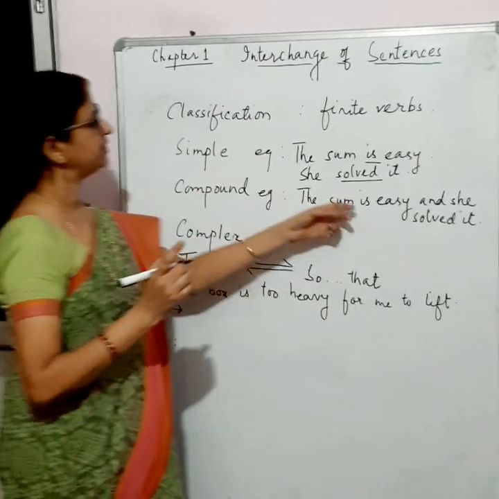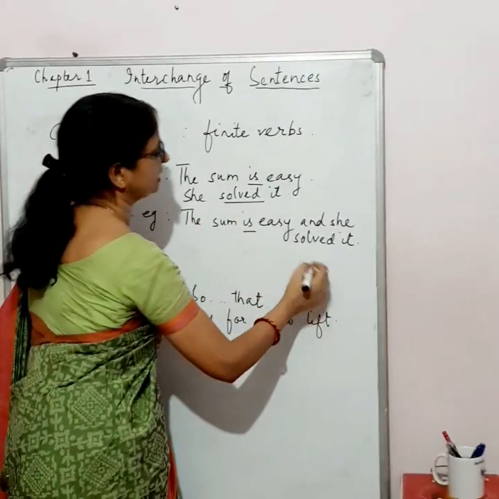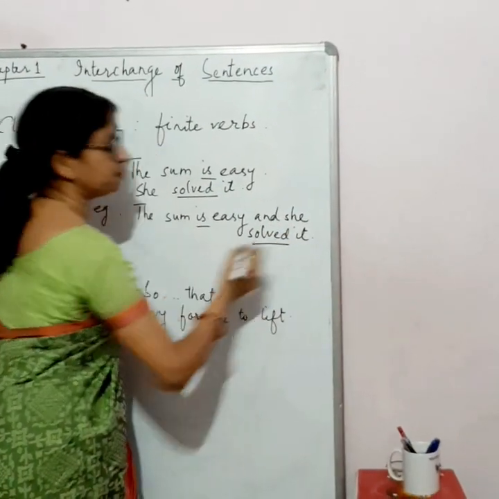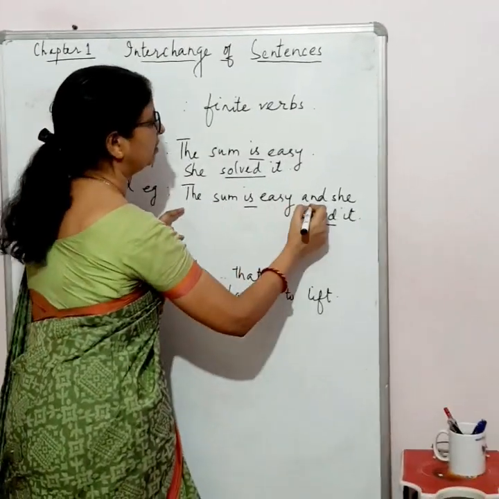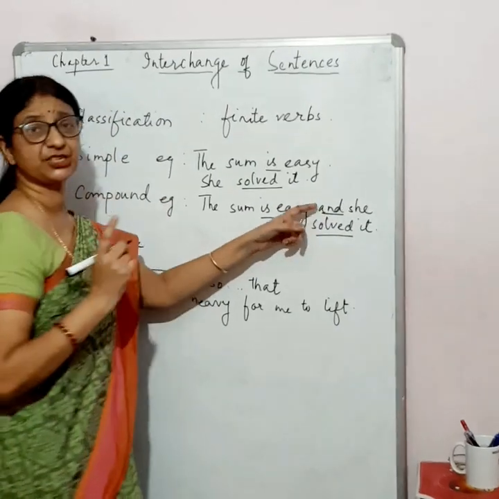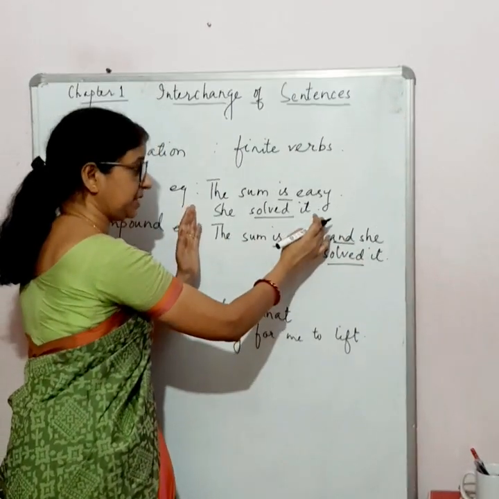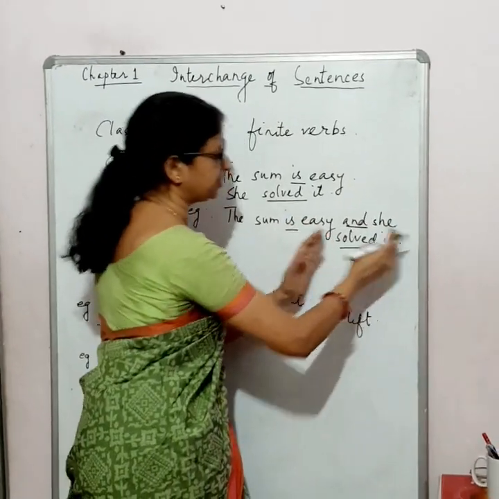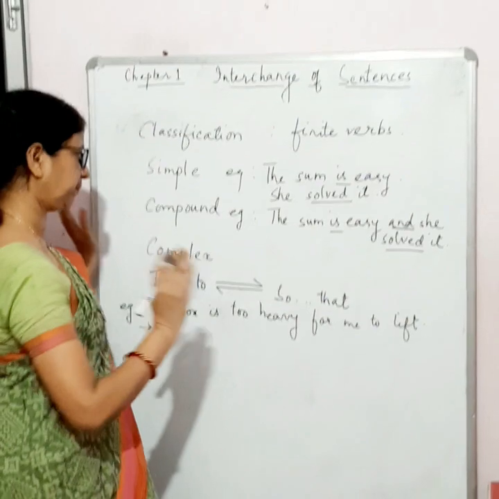So here you find use of two finite verbs, is, solved. Two finite verbs joined by one coordinating conjunction, and both these clauses, the sum is easy and she solved it, are principal clauses.